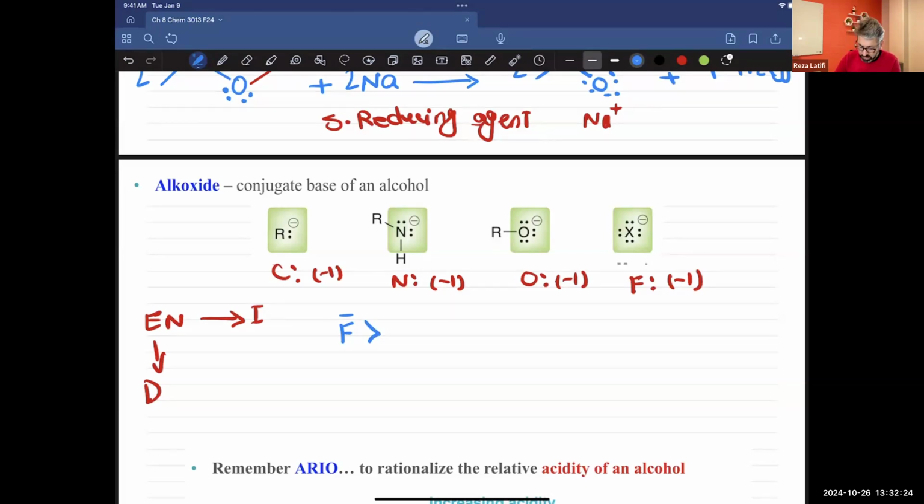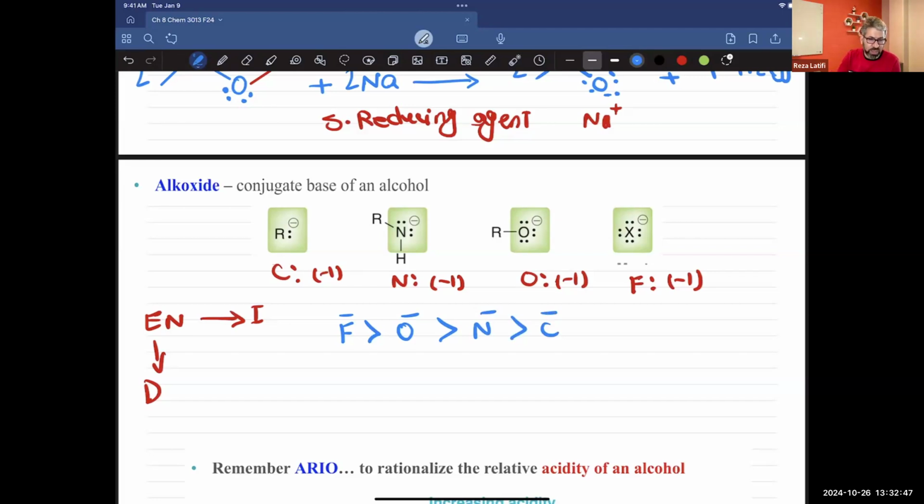And then F, I have to say, also has some unique character. Because the size is too small, sometimes it will build too much repulsion, but let's not go into that one. So I'm going to say F is more capable of handling negative charge than oxygen, then nitrogen, and carbon.